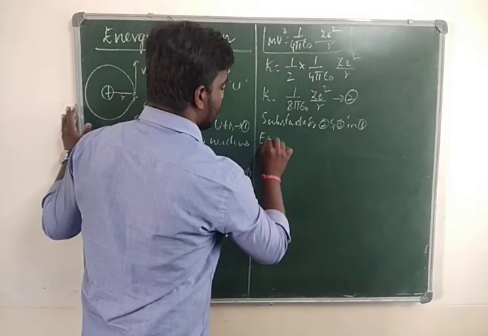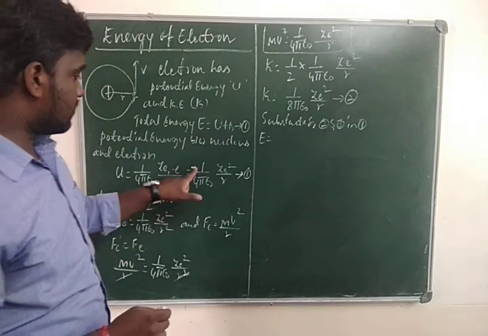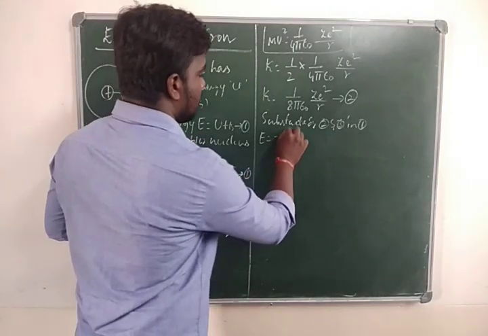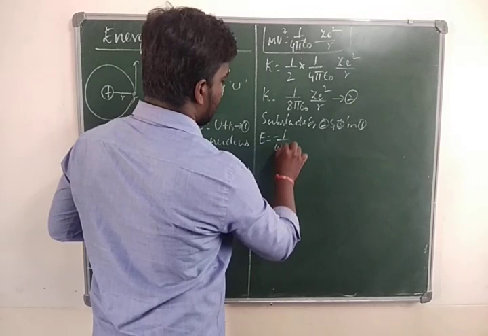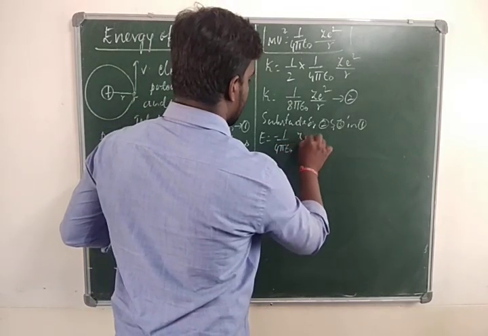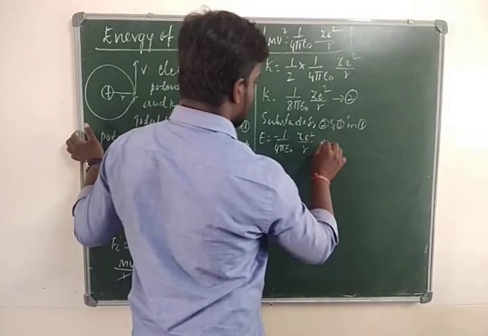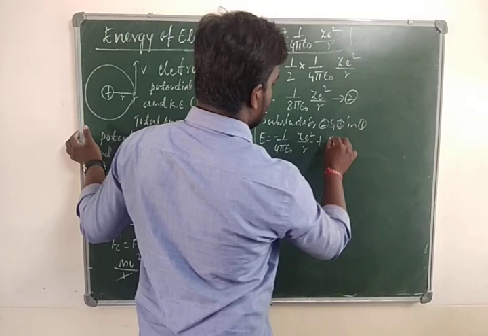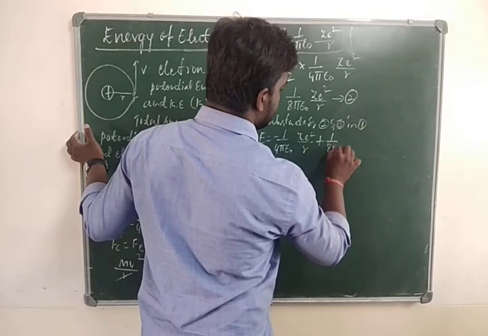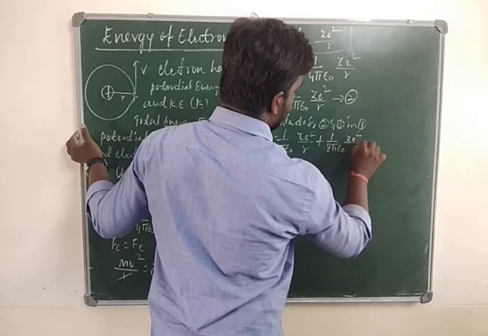Capital E equals U, which is the potential energy, minus 1 by 4 pi epsilon naught Ze square by r, plus the kinetic energy, 1 by 8 pi epsilon naught Ze square by r.